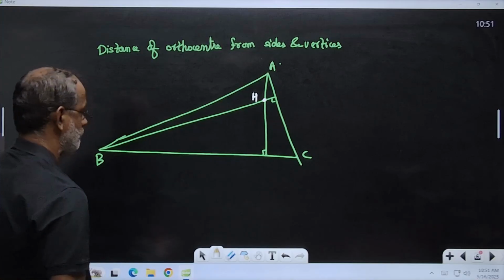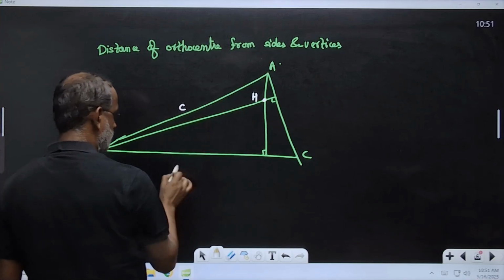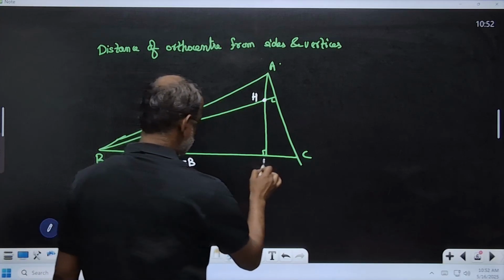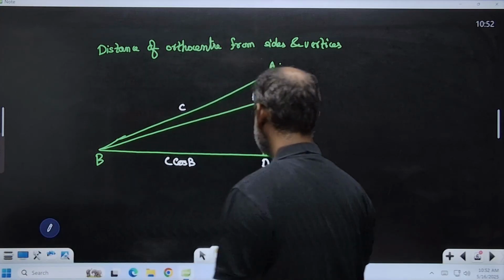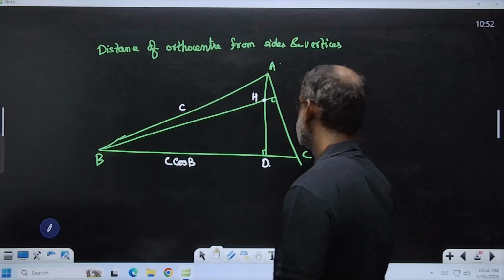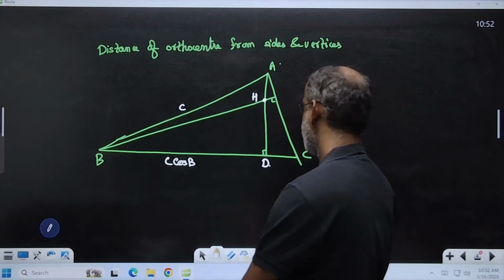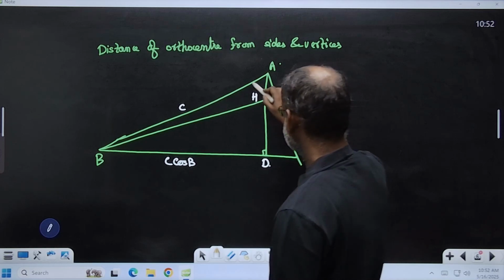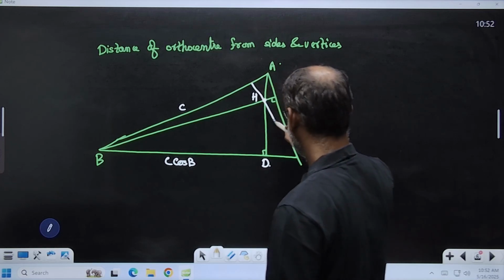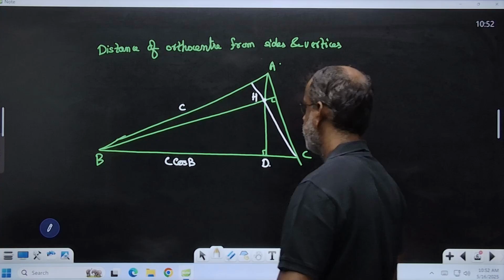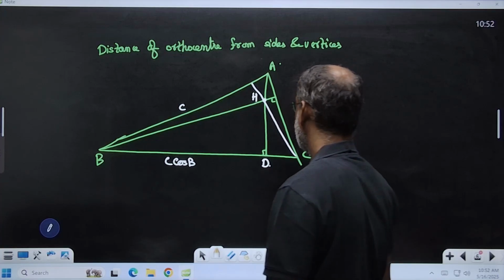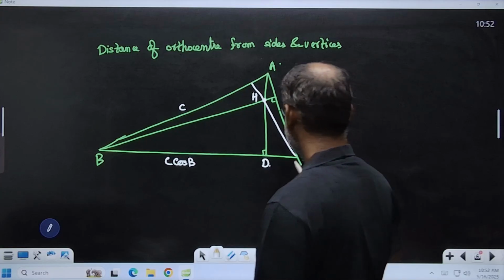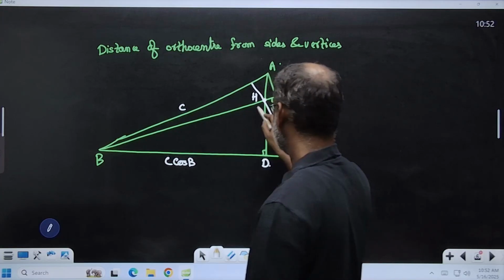So, this side is C, this is C cos B, we need this angle. This is C. What is this angle?